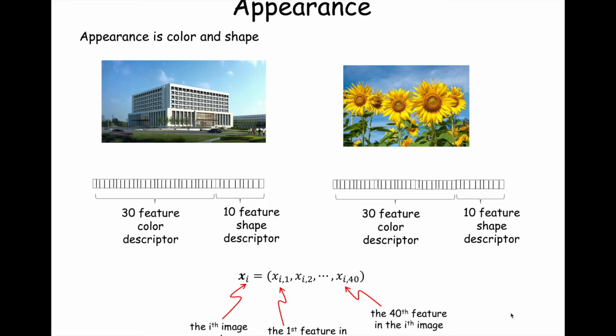So it's an M by N by 3 image, and each slice of that M by N by 3 image is the red, green, and blue intensities. You compute a histogram of the red intensity, a histogram of the green intensity, and a histogram of the blue intensity, each with 10 bins.